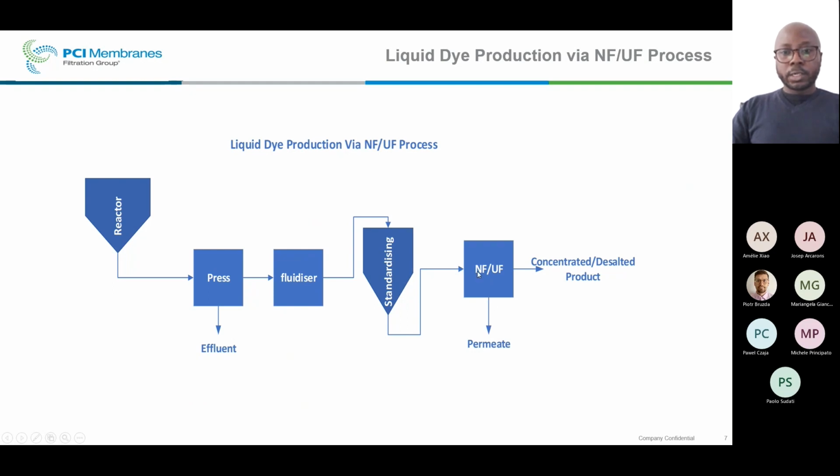This can be done by implementing what I'm going to be explaining later, which involves the addition of water, the process that we call dye filtration, to remove impurities before then concentrating the dye further to produce a concentrated and desalted product.